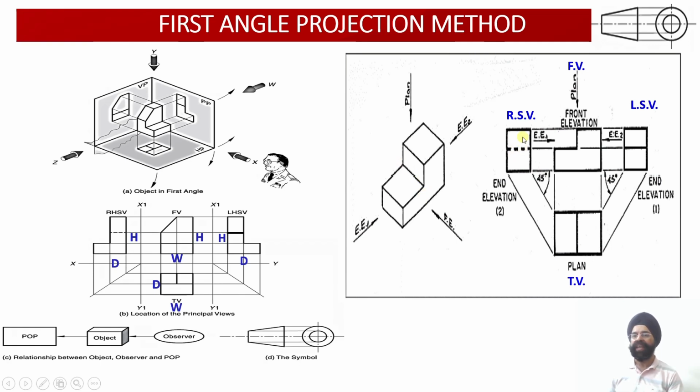So that is why we insist on drawing multiple views, so that if we are not able to see few edges from one orientation, we will be able to see those edges from some other orientation. So in the right side view, this edge or the surface is not visible, so it has been drawn dotted. But the moment we draw the left side view, automatically this edge is now visible, this surface is now visible.